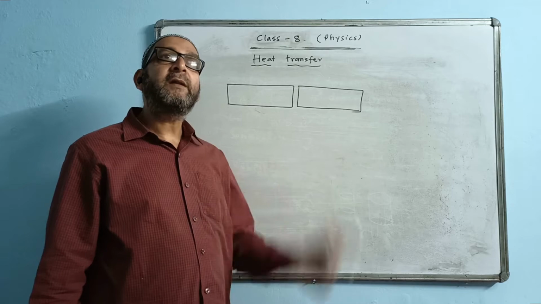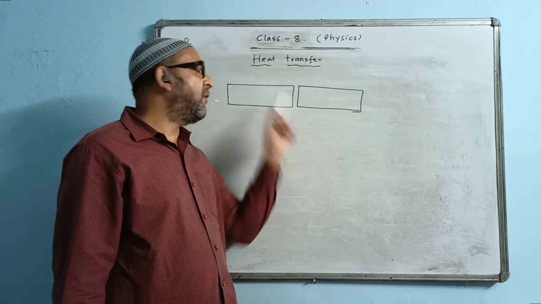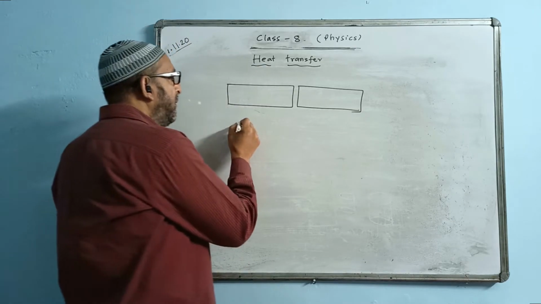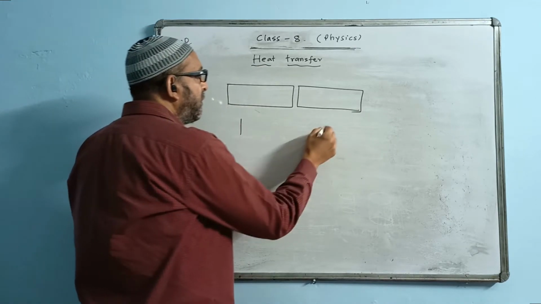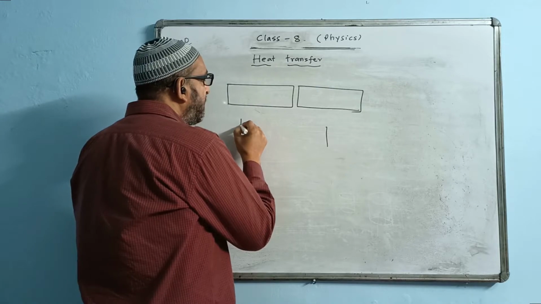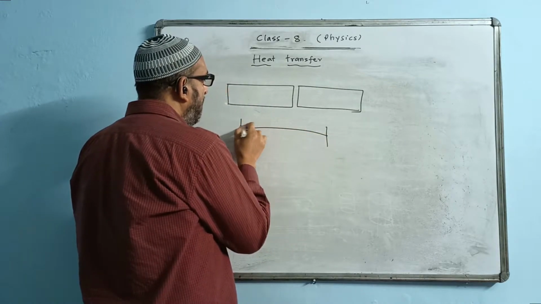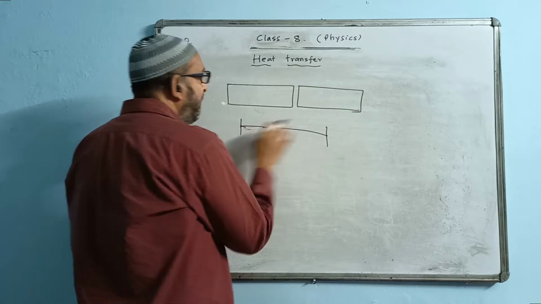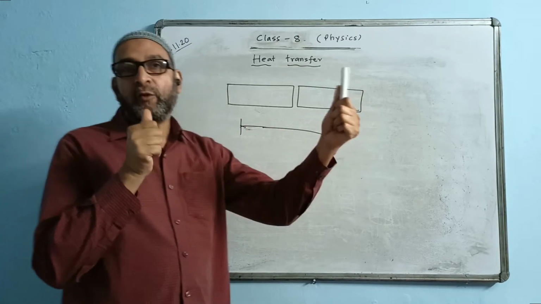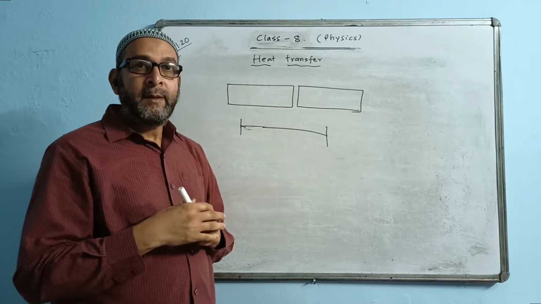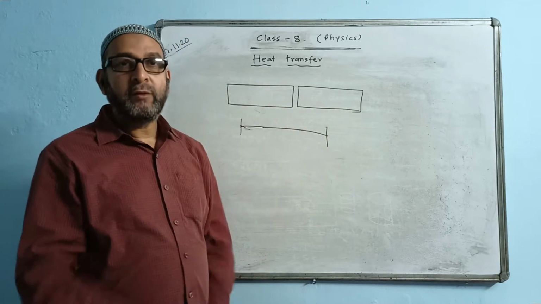Now we have another reason type question, a case of linear expansion or linear contraction. Between the poles, the wires or the cables are kept loose. Between, maybe, two electrical poles, the wires are there, but the wires are kept loose.